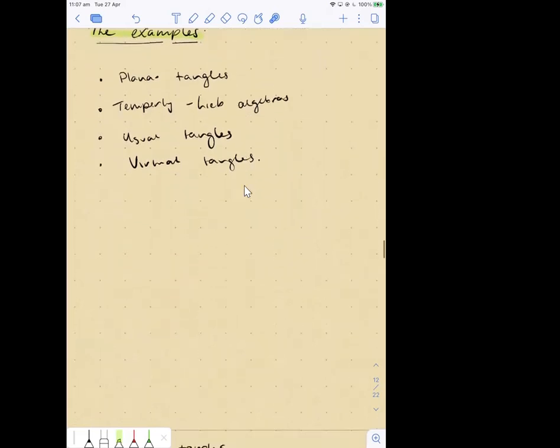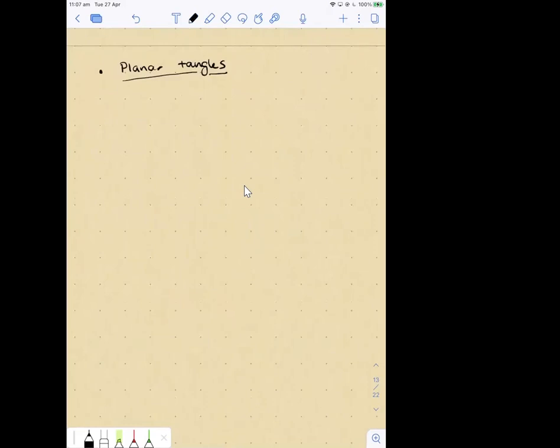To start off with, the easiest example of a planar algebra is planar tangles themselves. So this is just the collection of all planar tangles, where the action by planar tangles is just given by the usual operadic composition.